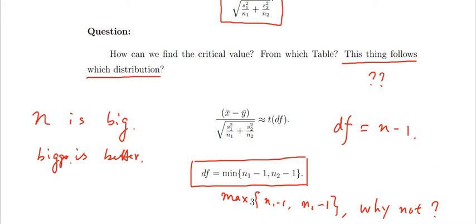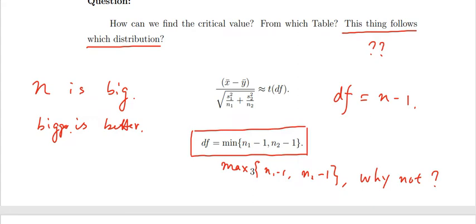But the story is, the sample size being big means good, then smaller means not so good, right? So here, if we have two sample sizes, we just pick the smaller one, which means we just check the worst case, right?